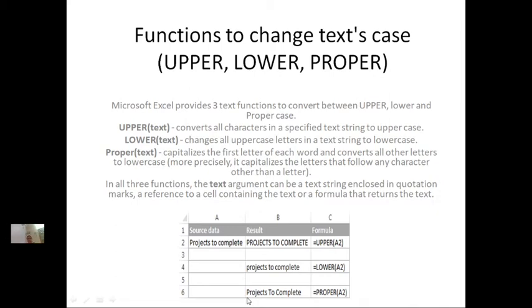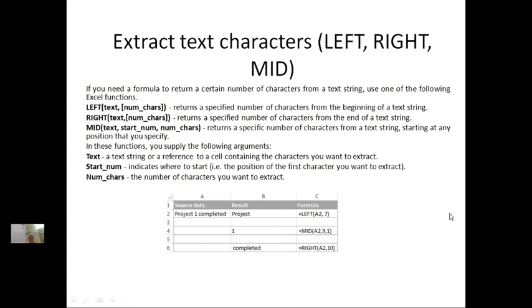Okay, it capitalizes the first letter of each word and converts all the other letters to lowercase. Okay, see, Projects To Complete. So these are the change text case functions of the Excel application. Now let us go to the next slide.